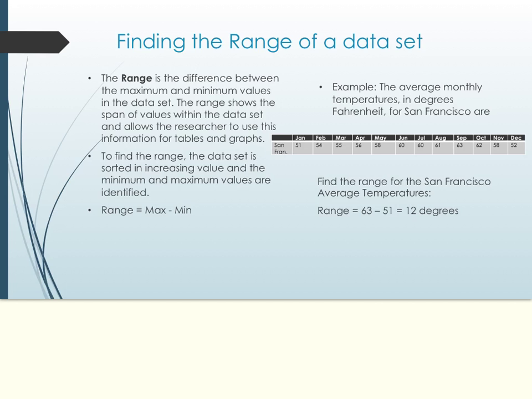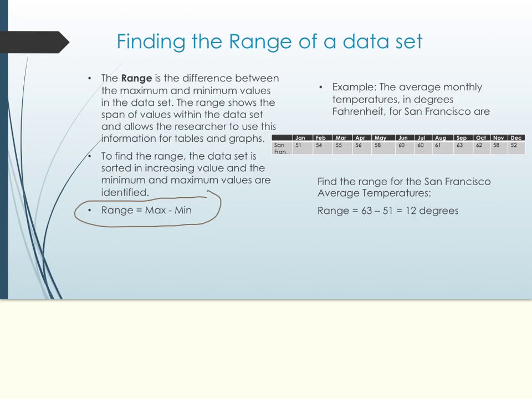To find the range, the data set is sorted in increasing value and the minimum and maximum values are identified. The actual range value is the maximum minus the min.